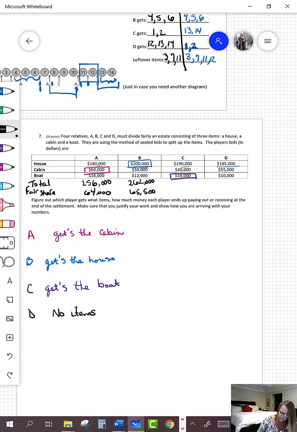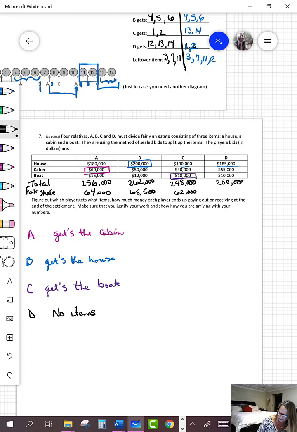Player C, 190,000 plus 40,000 plus 18,000 gives you 248,000. Divide that among 4, and that's 62,000. Player D, all 3 items, 185,000 plus 55,000 plus 10,000. If you sum that up, you get 250,000.